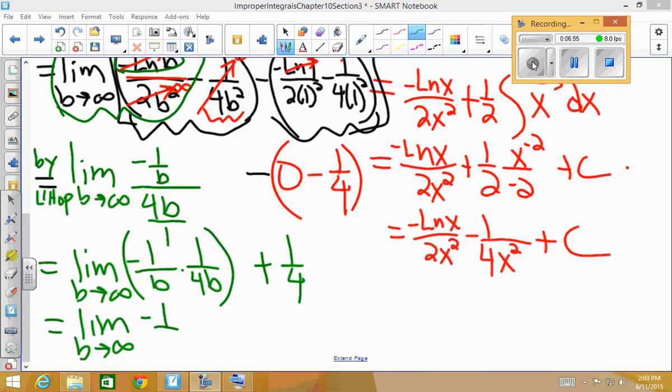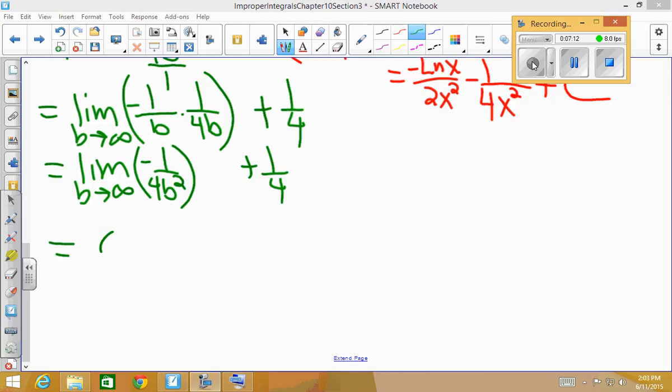Now we see that as b goes to infinity, 4b squared is going to go to infinity, so this whole fraction, negative 1 over 4b squared, goes to 0.